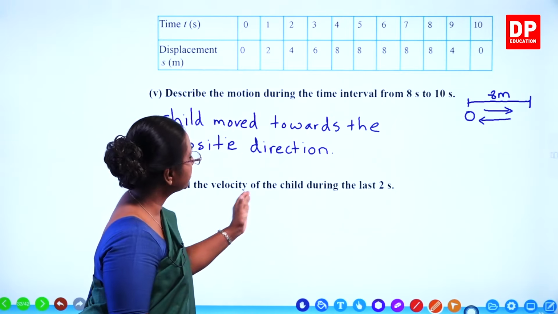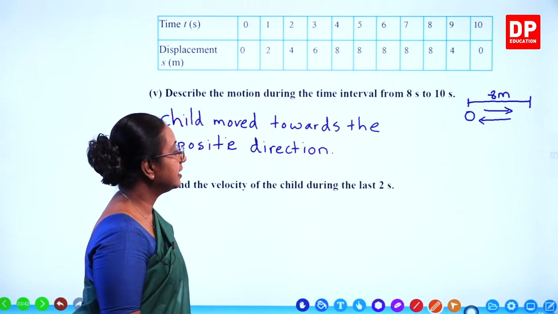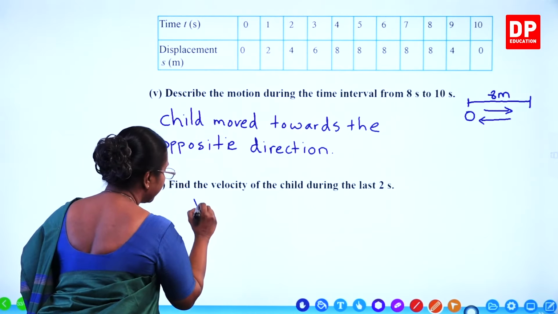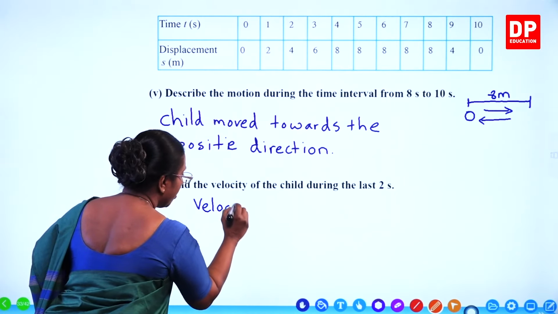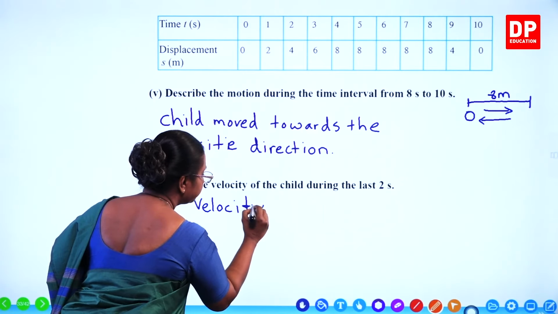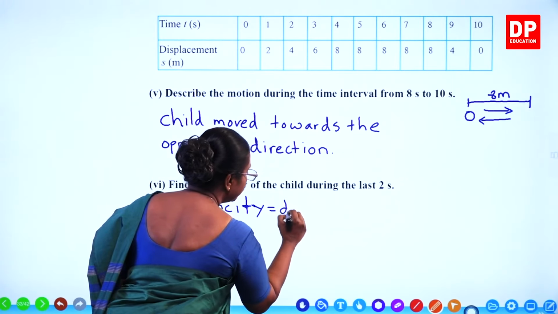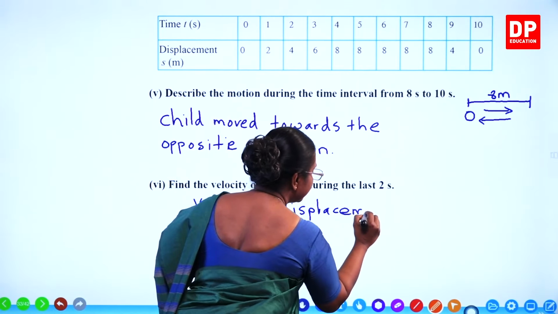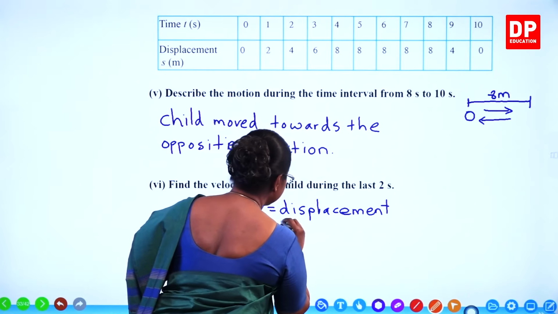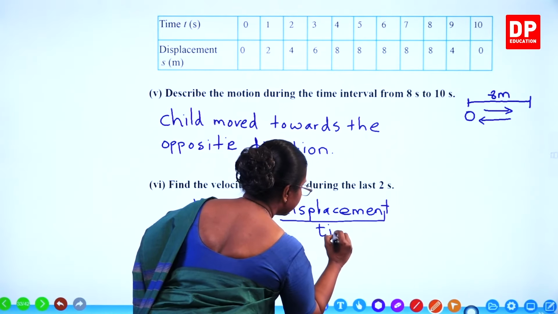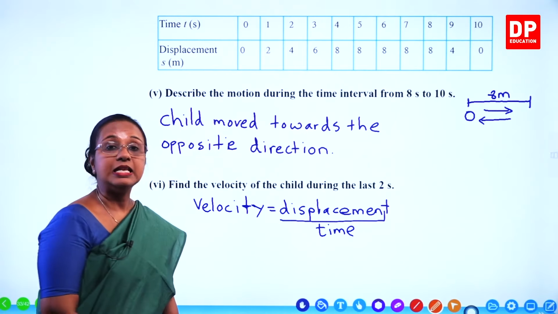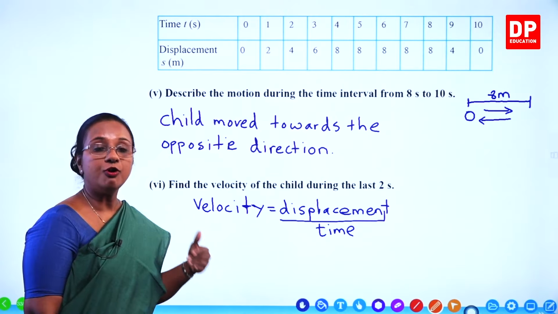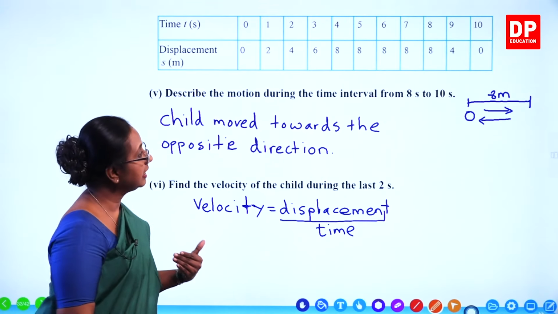And find the velocity of the child during the last 2 seconds. So here if we find velocity, you all know velocity is equal to displacement over time. Displacement is calculated as final displacement minus initial displacement. Rate of change of displacement, therefore final minus initial.